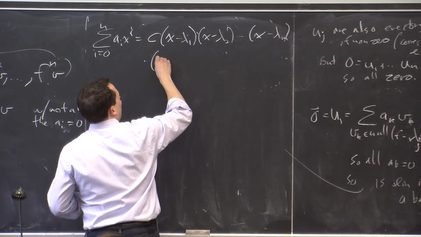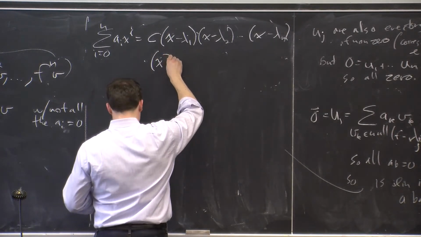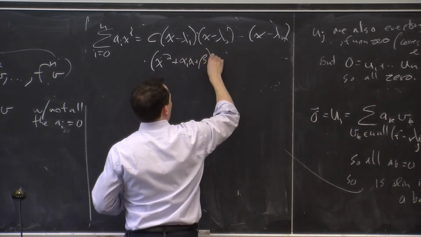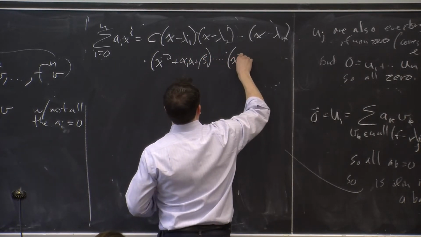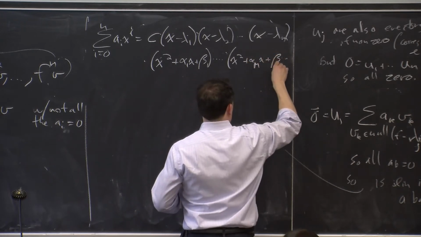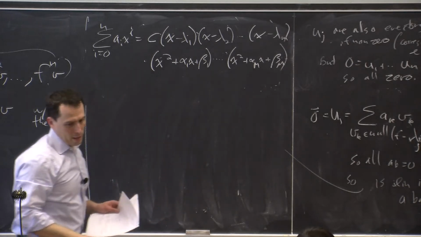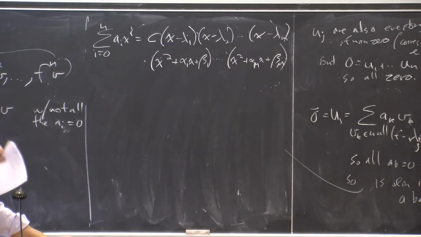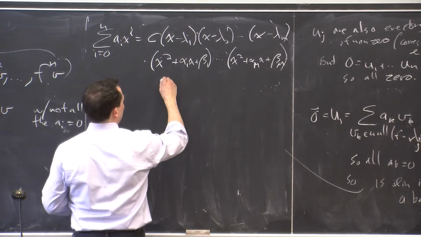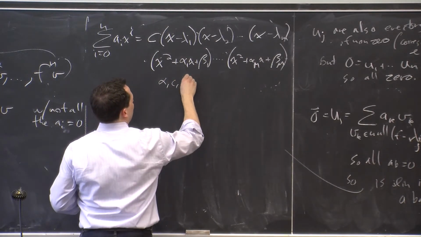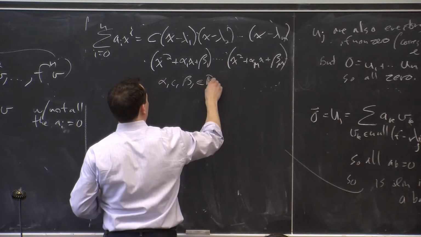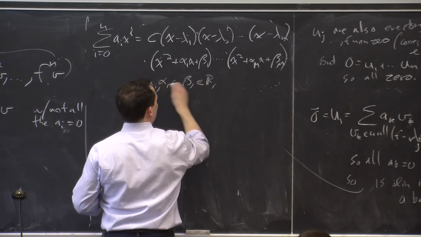And those get multiplied by quadratic factors, x squared plus alpha 1 x plus beta 1, up to x squared plus alpha big M x plus beta big M. So this time we only get linear and quadratic factors, and all the things appearing here, alpha, beta, and lambda i, are in R.